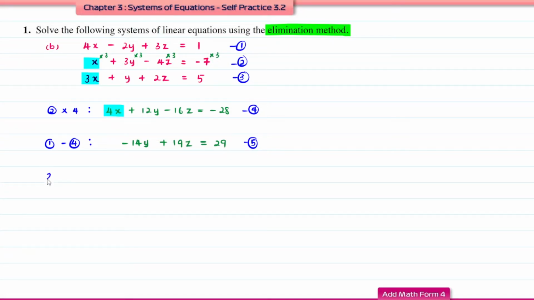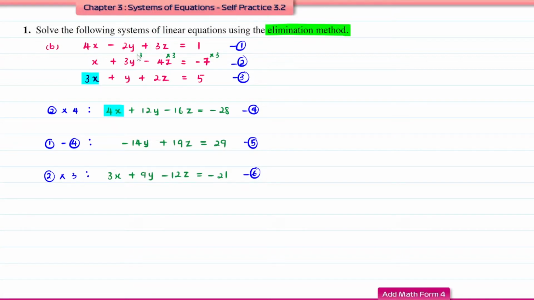So here I'm going to write equation 2 times 3. You're going to get 3x plus 9y minus 12z equal to negative 21. I'm going to label this as equation number 6.